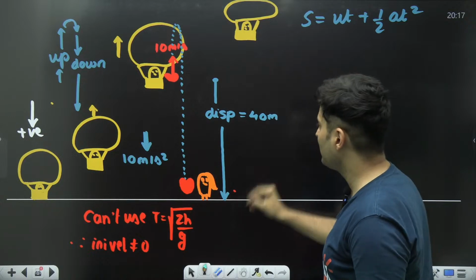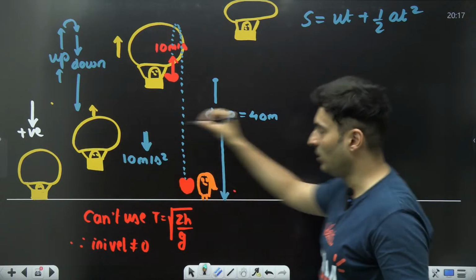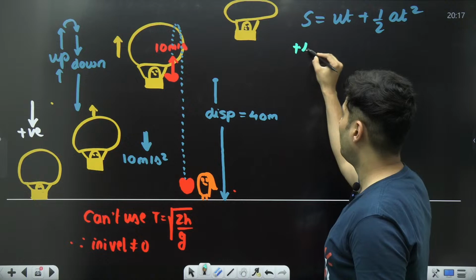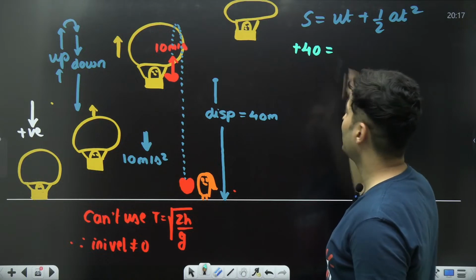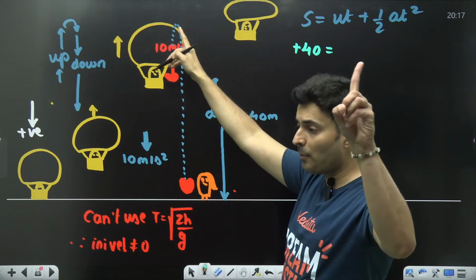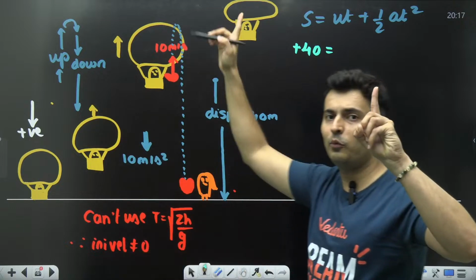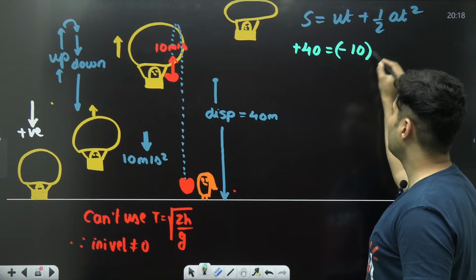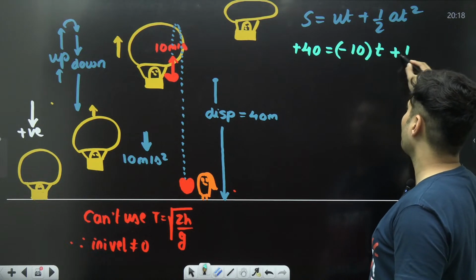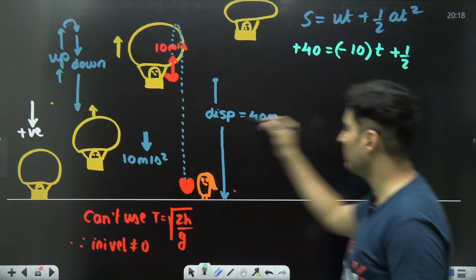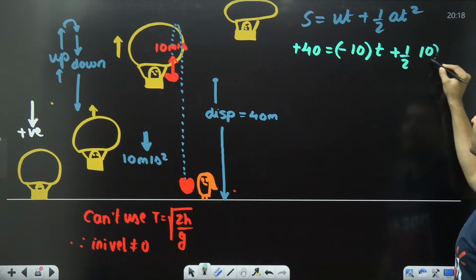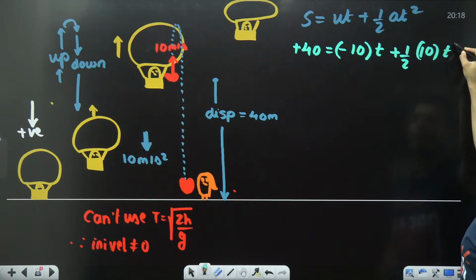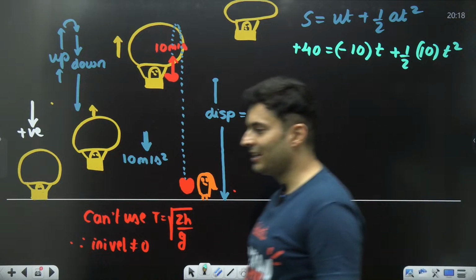What is the displacement? Displacement is down, downwards is positive. So plus 40, no doubt about it. Initial velocity 10, up, downwards positive, upwards negative. So initial velocity minus 10. Time, I don't know. Acceleration, downwards, positive, 10. Is that right, everyone?